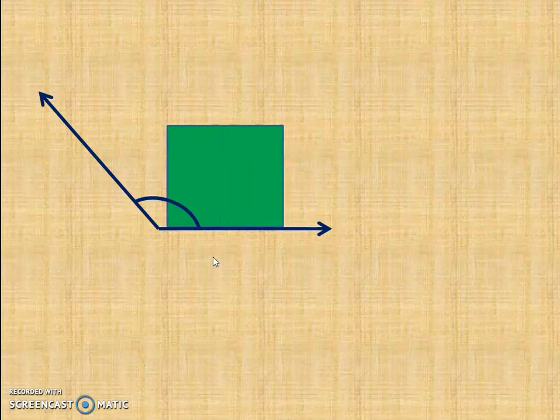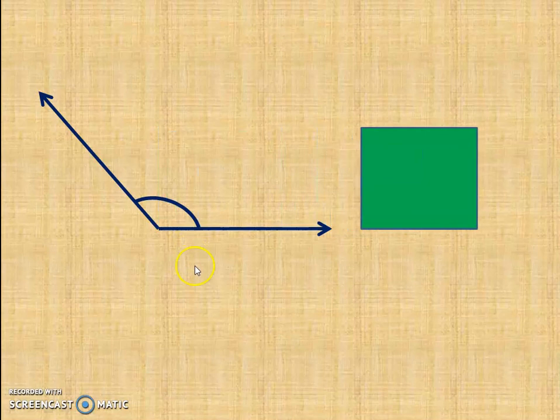How about this angle? Let's check. This angle is bigger than the square. It means this angle is not a right angle.